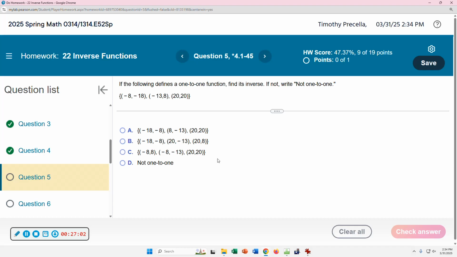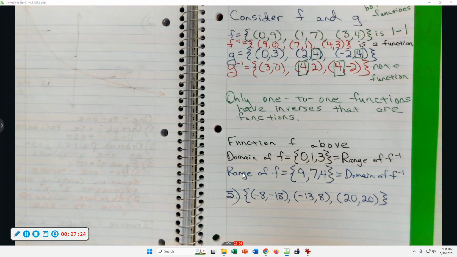If the following defines a one-to-one function, then find its inverse. If it's not one-to-one, you select not one-to-one. They don't want you to find the inverse of a function that's not one-to-one. So let's look at this problem number 5 first of all and decide, is it one-to-one? What do we look at to decide if it's one-to-one?